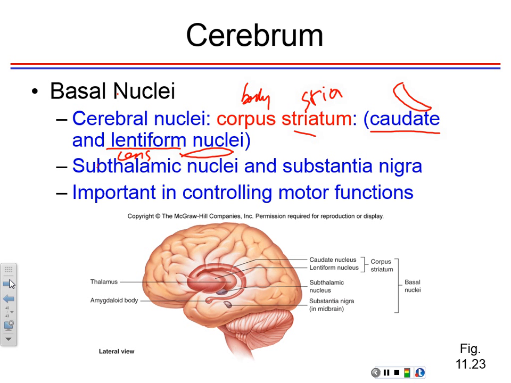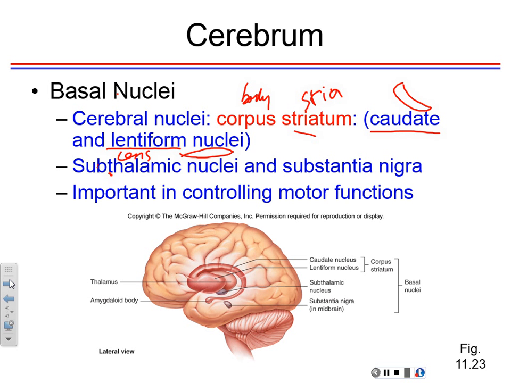The subthalamic nuclei is another nuclei that deals with motor activity. And this one is located where? In the diencephalon, right? The ones in the cerebrum that are striated are called the corpus striatum, the two of them: the caudate nucleus and the lentiform nucleus.